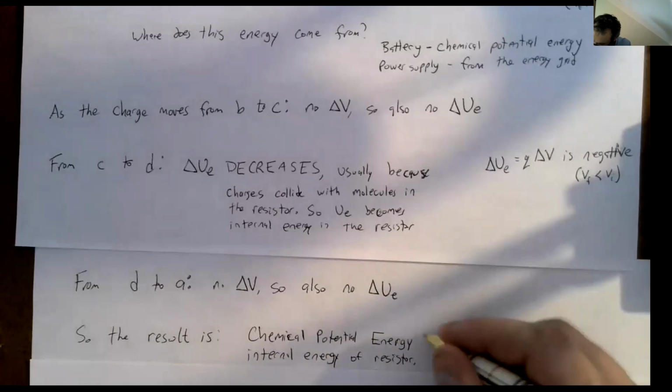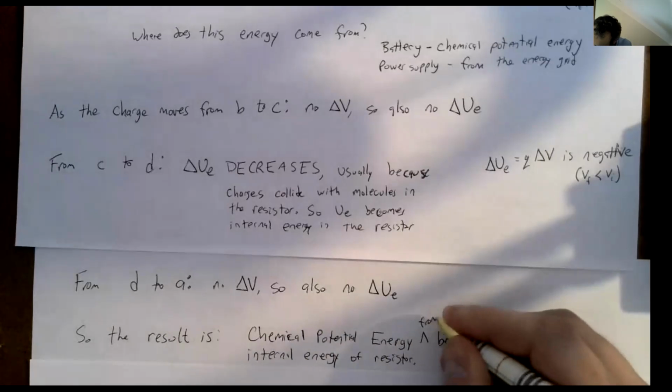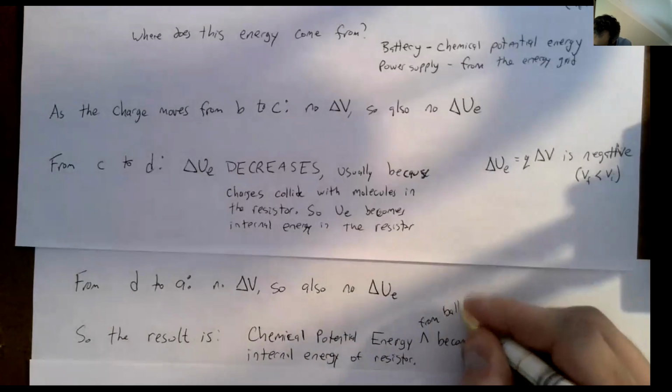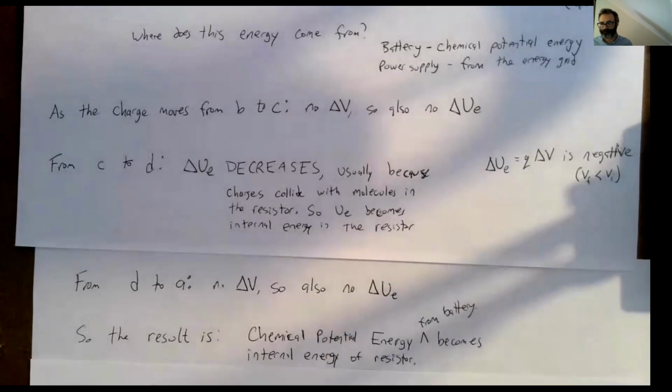So chemical potential energy, and I'll say from the battery, or it might be from the power plant that's providing the electricity to the holes in your wall. But you're turning chemical potential energy from the battery into internal energy in the resistor, is kind of the net result of the charge flowing around the circuit.